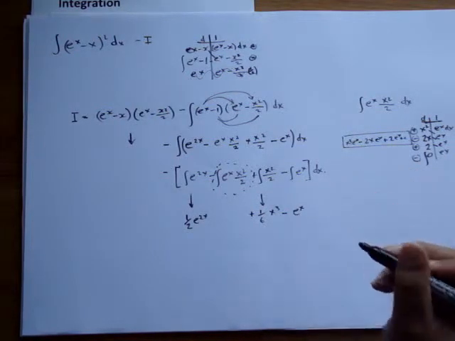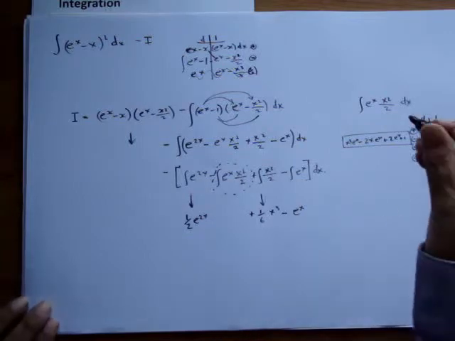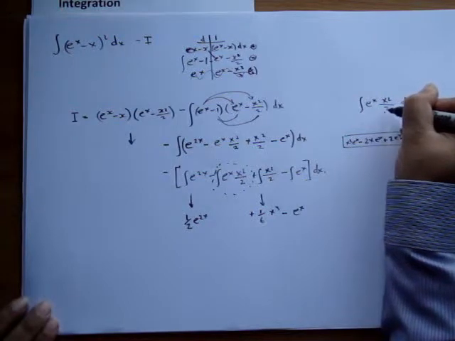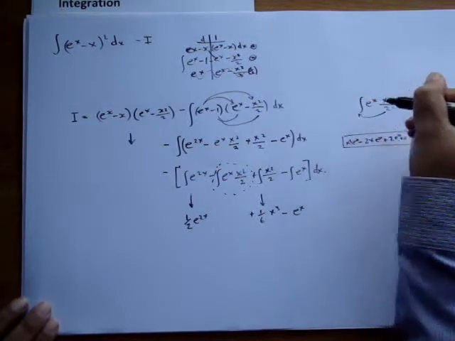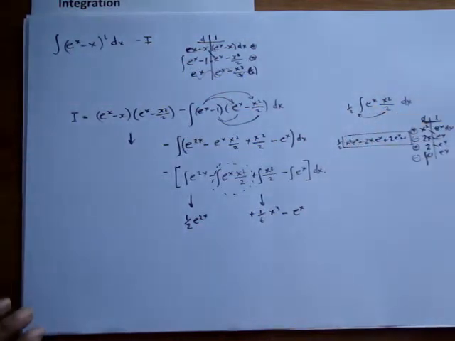And I think that is it. Don't forget there's a half. This 2 is brought to the outside of the integral, it becomes a half. So there's a half there.